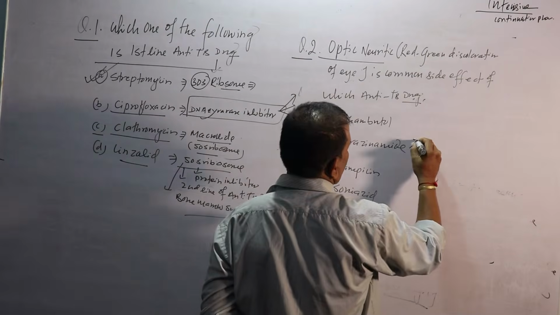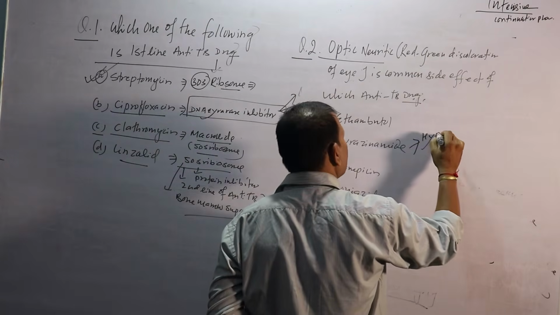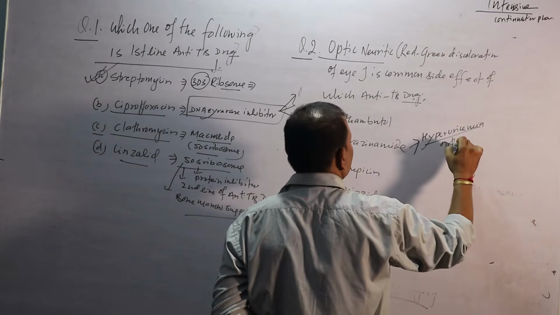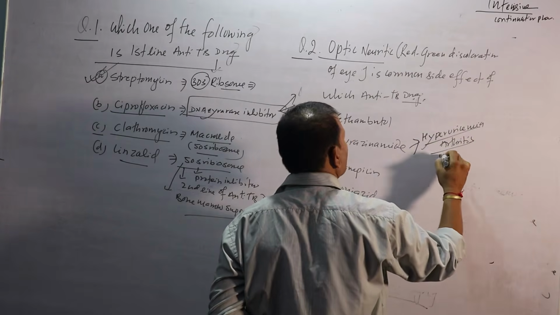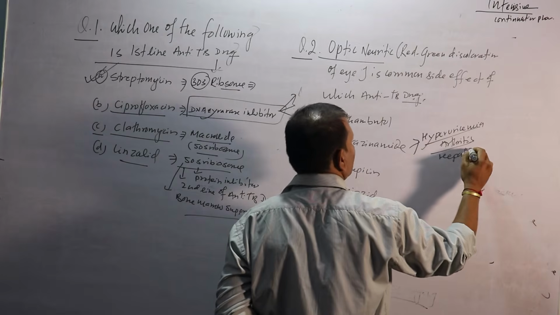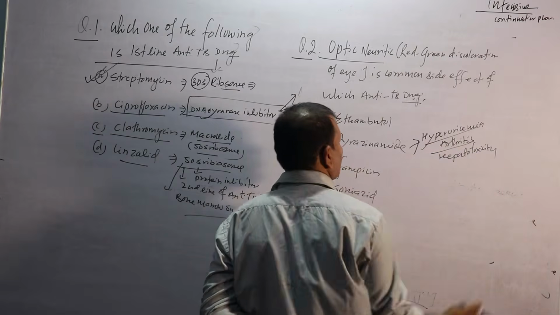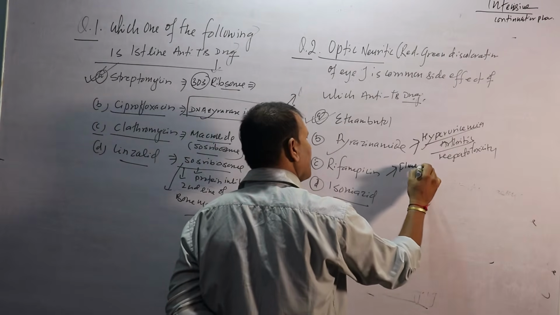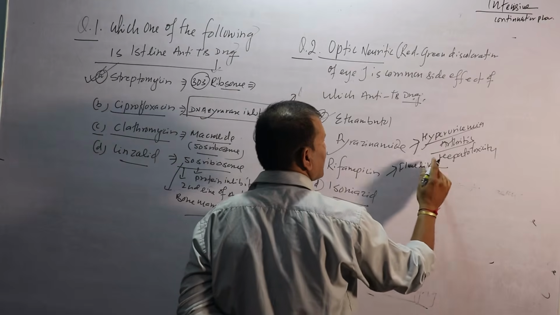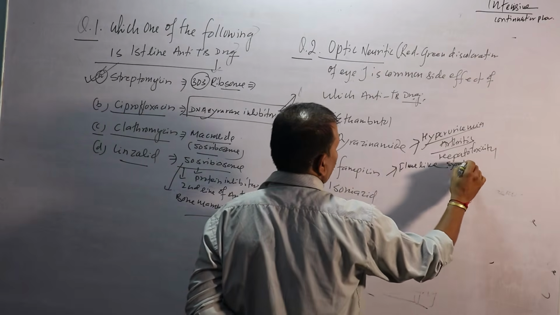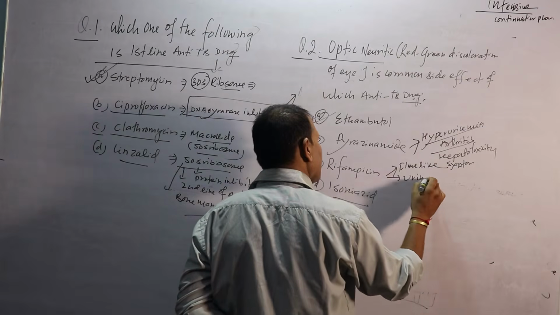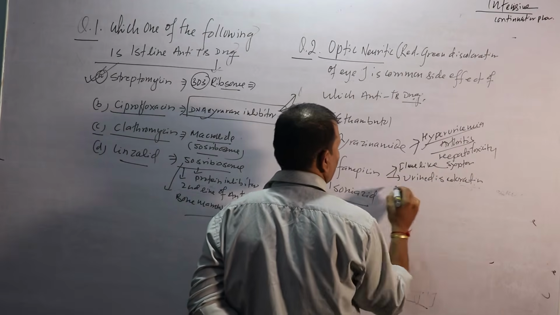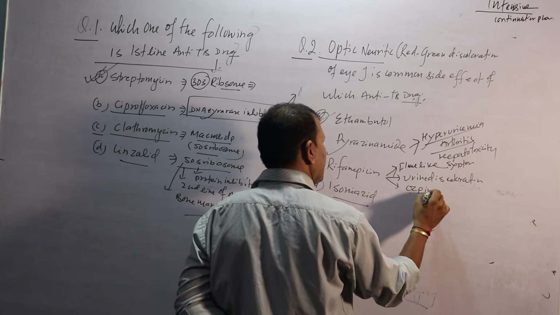Pyrazinamide has common side effects: hyperuricemia, which means arthritis, and hepatotoxicity. Rifampicin has common side effects: flu-like symptoms, urine discoloration, and it is an OCP inactivator.